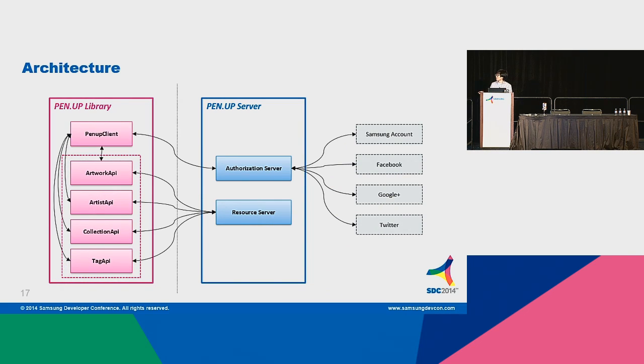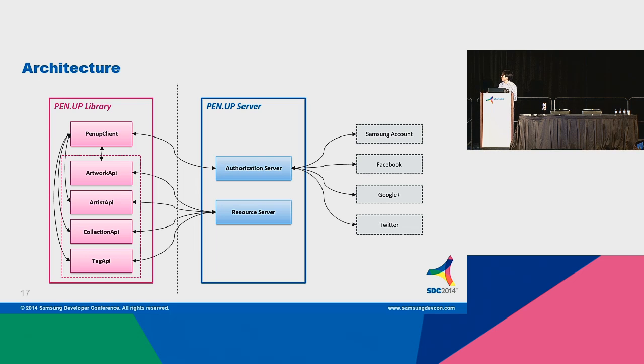This slide shows the conceptual model view of PEN.UP architecture. The PEN.UP library contains PEN.UP client, artwork API, artist API, collection API, and tag API. The PEN.UP client interacts with the PEN.UP authorization server for the authentication.